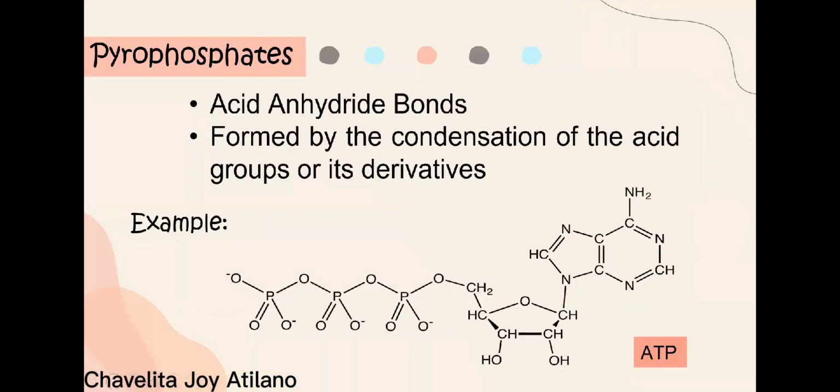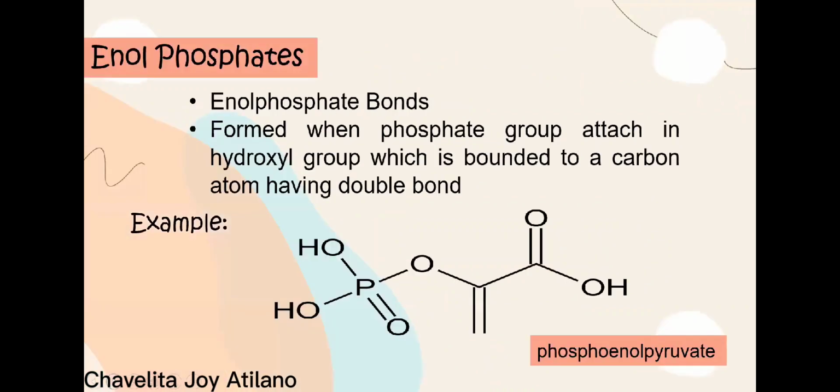So, pyrophosphate has an energy bond that is what we call the acid anhydride bond. It is formed by the condensation of the acid group or its derivative. An example of it is the ATP. The second one is the enol phosphate, which has enol phosphate bonds, formed when a phosphate group is attached to the hydroxyl group, which is bonded to a carbon having a double bond.